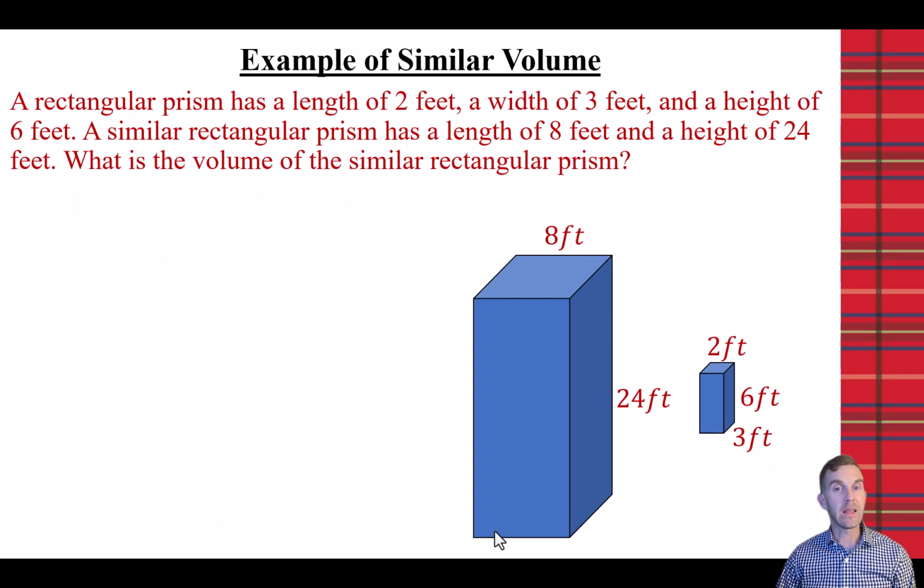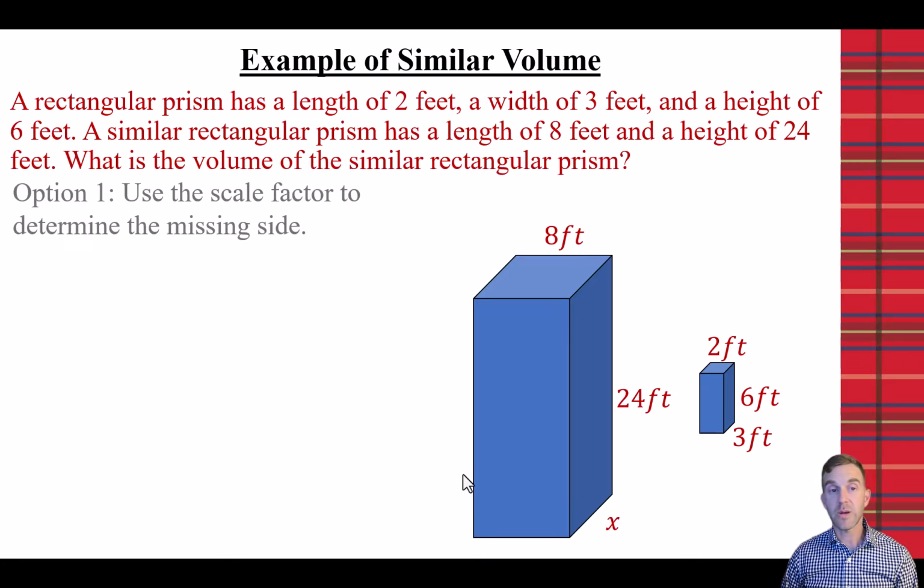Now let's look at a similar volume with these two rectangular prisms, where one we know is 2 feet by 3 feet by 6 feet, and the other one we know the length is 8 feet and the height is 24 feet. And we want to know the volume of the similar prism, this larger prism. So again, we can do it one of two ways. We can use the scale factor and then calculate that missing side and then calculate our volume. So let's try that. If we use corresponding sides, 24 to 6 will equal the width to 3.